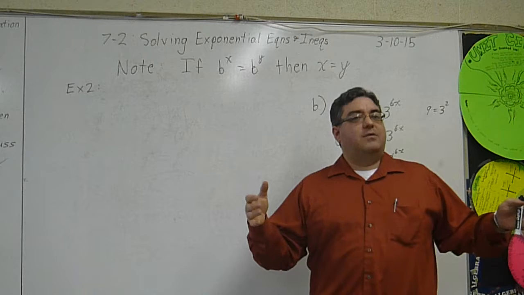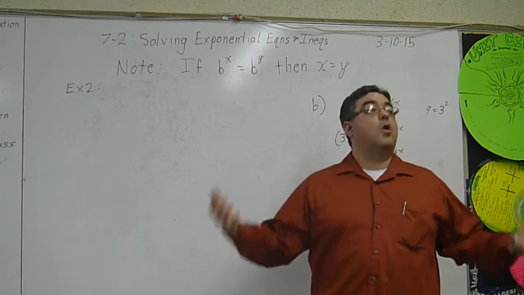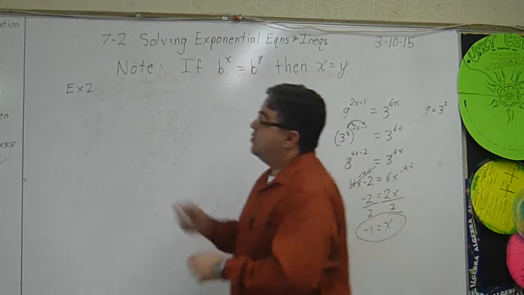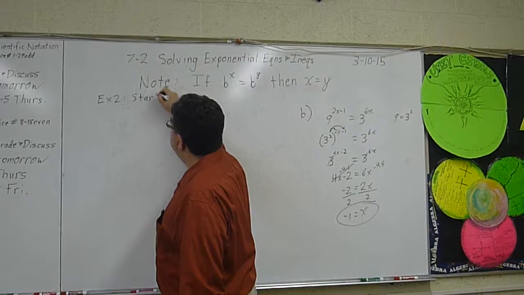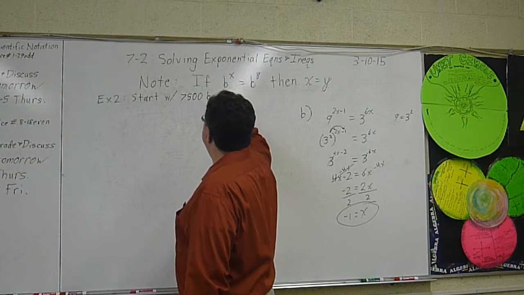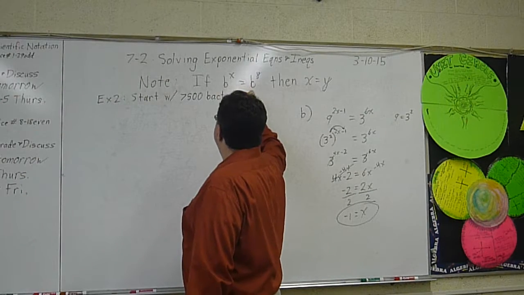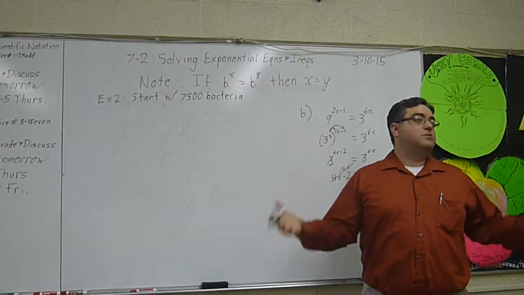And because of that, we're talking about exponential functions, exponential growth. So the second example is that if we start with 7,500 bacteria of some sort, presuming that we count 7,500.